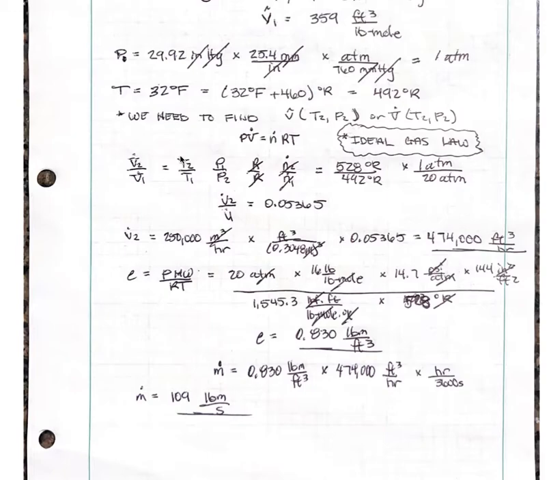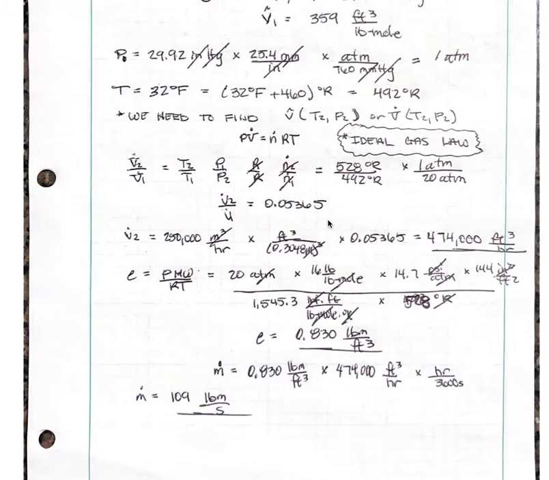Now with that you can find V2 by multiplying by 250,000 meter cube per hour times, in every foot, the way I got this, if you look at your table of conversions, in every foot there is 0.3048 meters, and so you have to cube it. Wherever you do, you have to cube that term to get feet cubed.